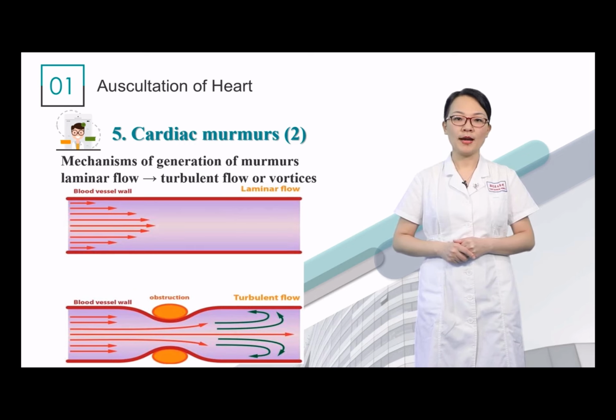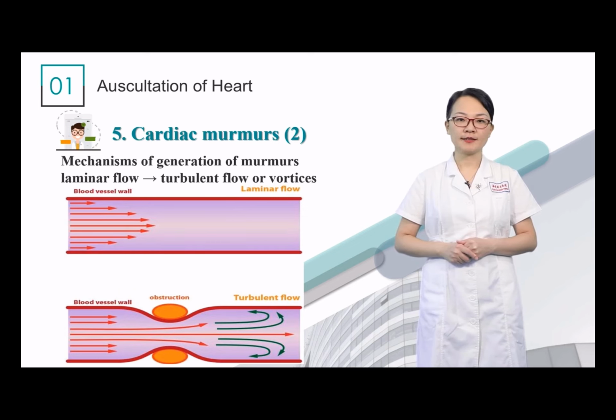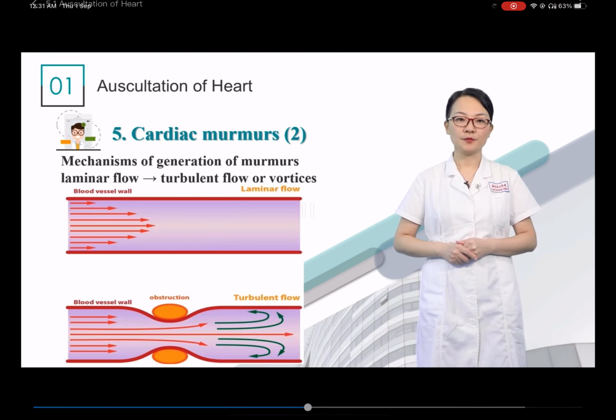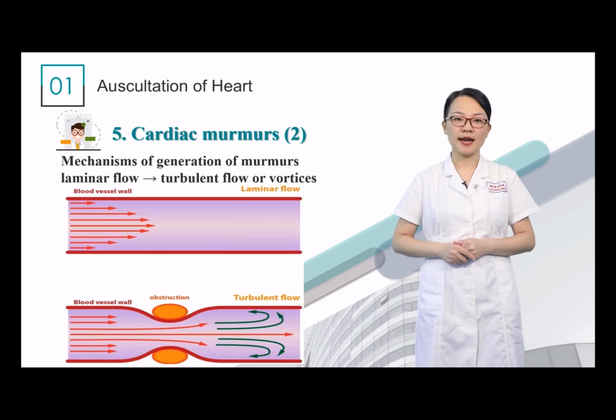However, when the blood flow accelerates or passes through narrow valves, laminar flow tends to become turbulent flow or vortices. Turbulent flow or vortices vibrate the heart wall, vascular wall, and valve, and then the relative murmurs are generated at the corresponding location.